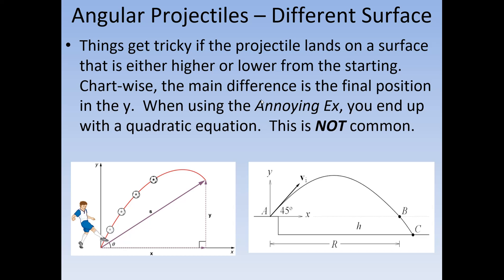If they tell you whether the ball is on its way up or on its way down, you can easily figure out what the signs are. But if you don't know which one it is, then you won't be able to solve it properly. So you're going to have to be a little bit careful with that.